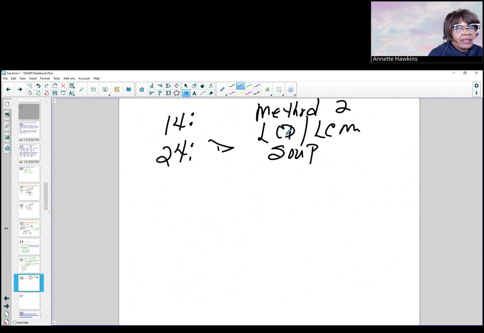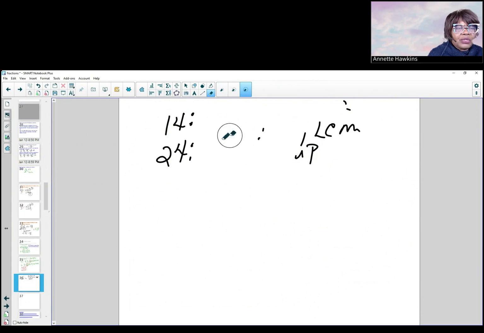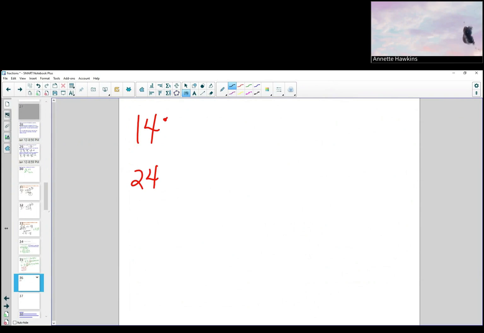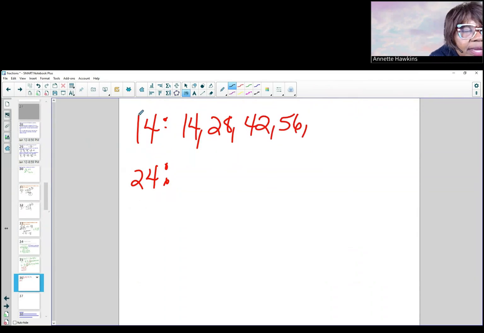Now, sometimes the numbers can get big. I'm going to do the multiple method again. This is 14 and 24. All right, so this is 14, add 14, 28, add 14, 42, add 14, 56, add 14.